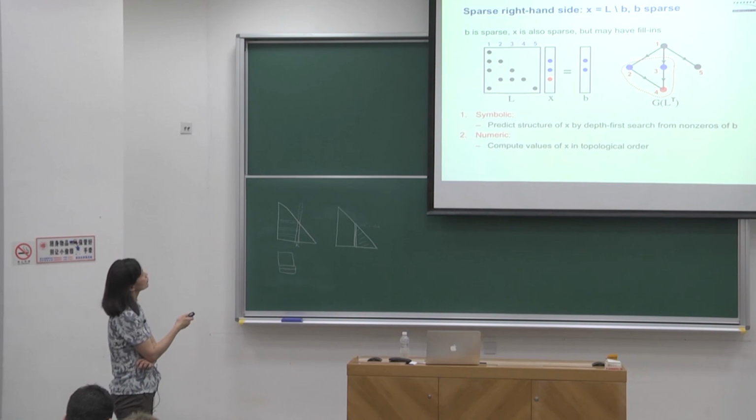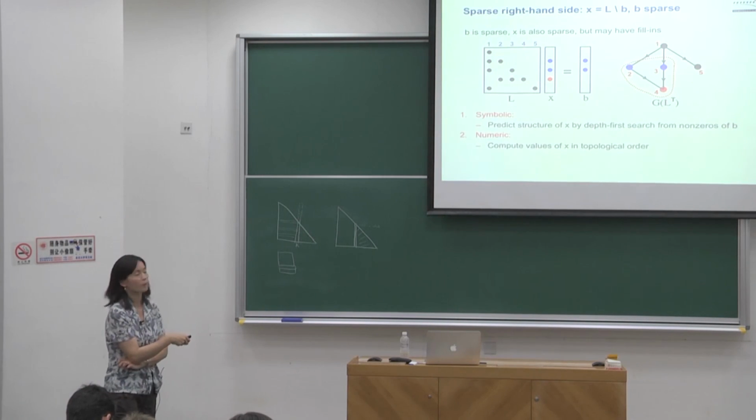So for the sparse triangular solve with a sparse right-hand side, you also have 2 stages. One is a symbolic factorization, which starts with the non-zero positions here, does a depth-first search of the graph, and finds all the end vertices, which gives you the new non-zero fill in the x vector. The second stage is the numerical computation.